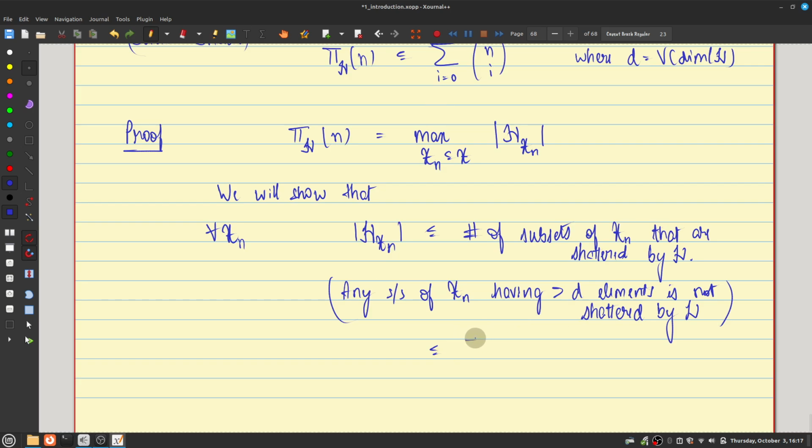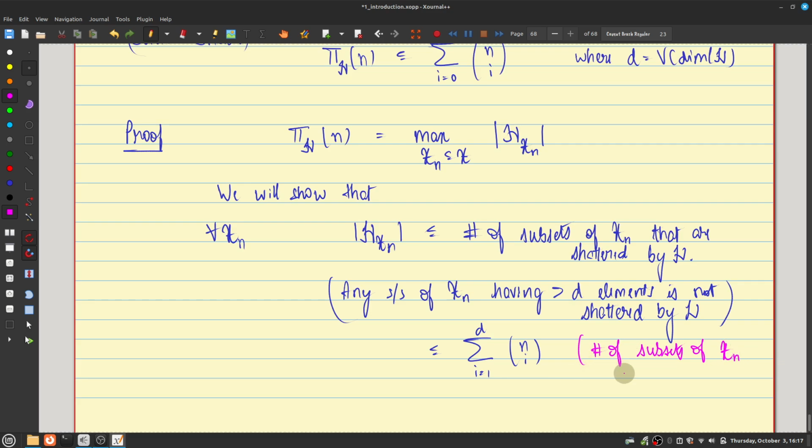Alright. So this can simply be upper bounded by the number of subsets of Xn having at most D elements.